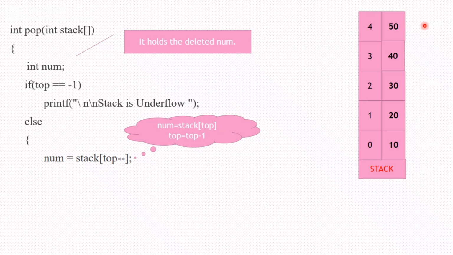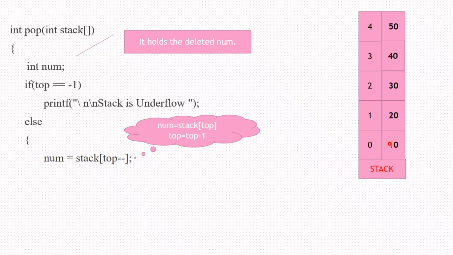First, num equal to stack of top. Suppose right now top is here, so stack of top is 50. 50 gets stored in num, and then top is location 4. Top should become 3. See, all these, 0, 1, 2, 3, 4, are the locations, and these are the elements. Okay, don't get confused.